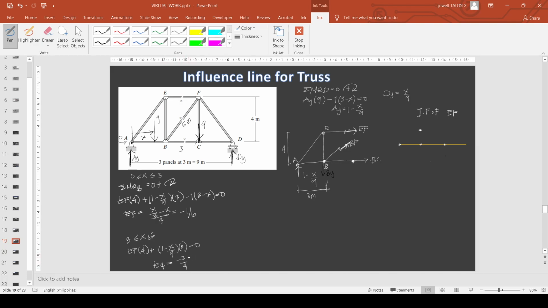So, magiging positive, this is x over 3 times 4. Okay, so magiging 12 to. Okay, let me arrange this one. Okay, so magiging EF natin. Remember EF equation. So, x over 12 minus 3 over 4.